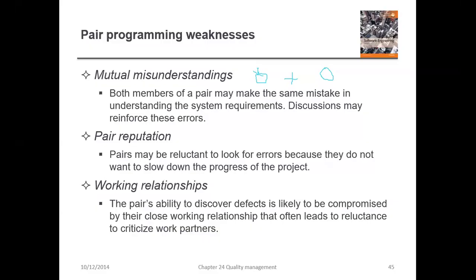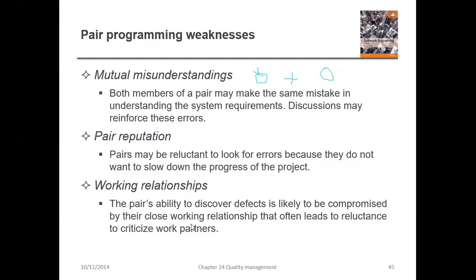The third one has to do with working relationships. Sometimes the team members become familiar, they become friends, and so that will also influence the work they do. The one doing the review may not even want to criticize the team member he or she is working with.